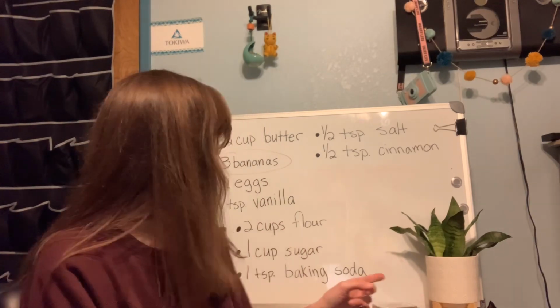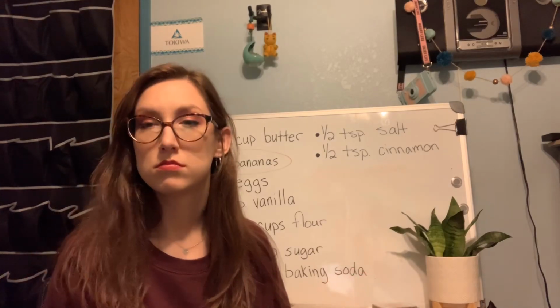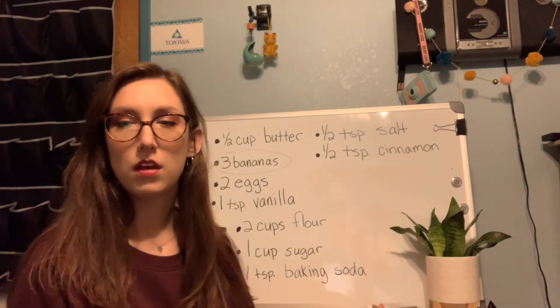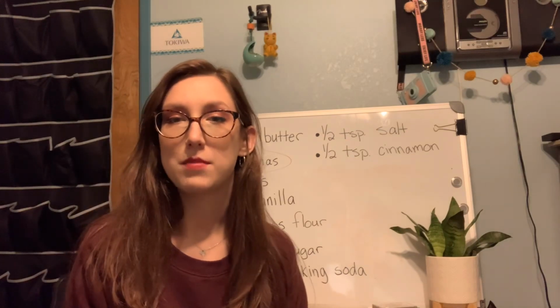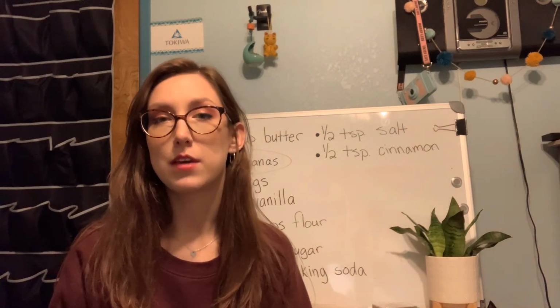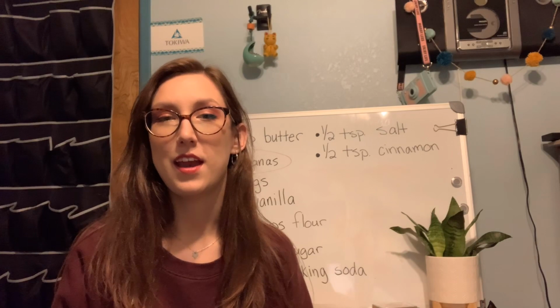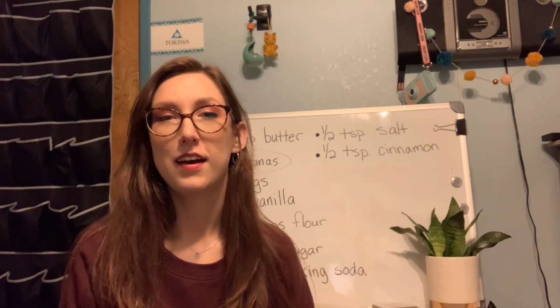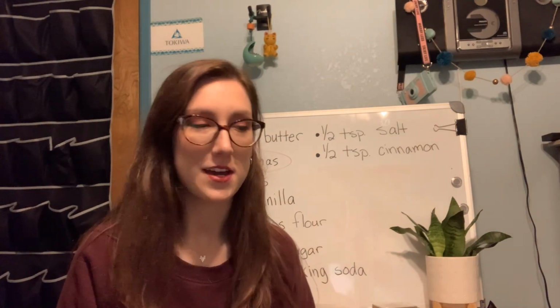So you're probably wondering why I have what looks like a recipe on my whiteboard. That is because I have a hankering for some banana bread, and I wanted to make it into a fun math challenge for you guys.